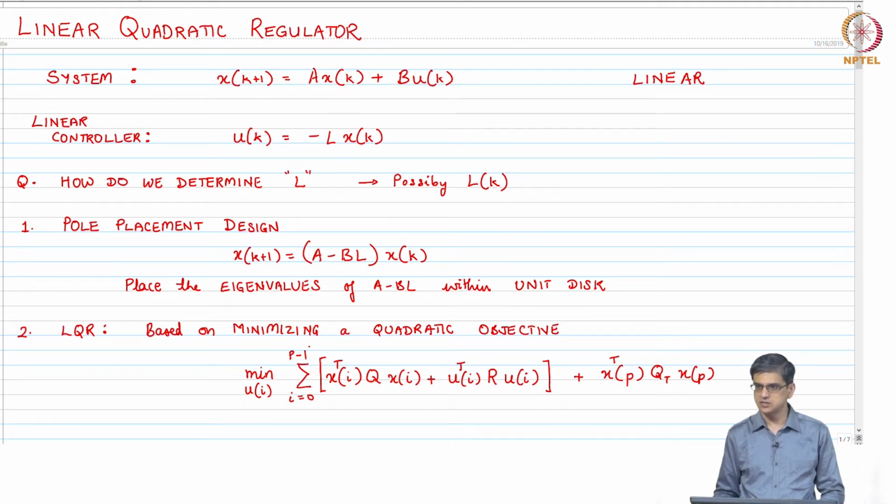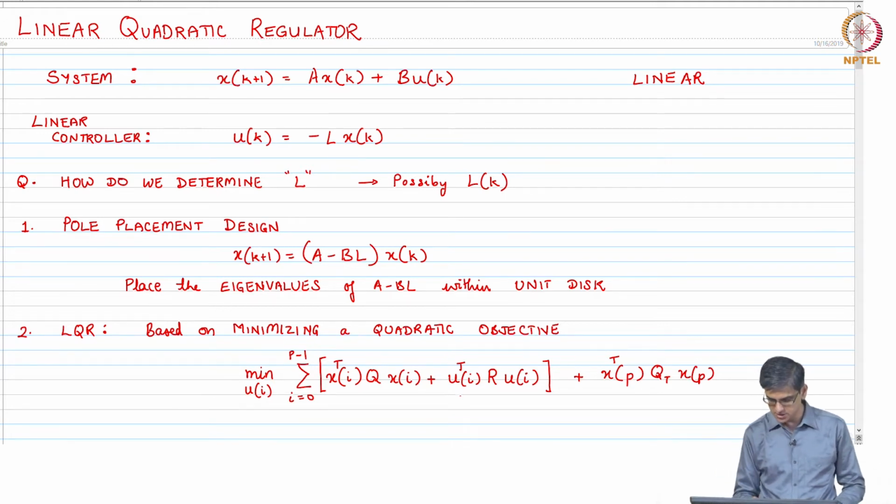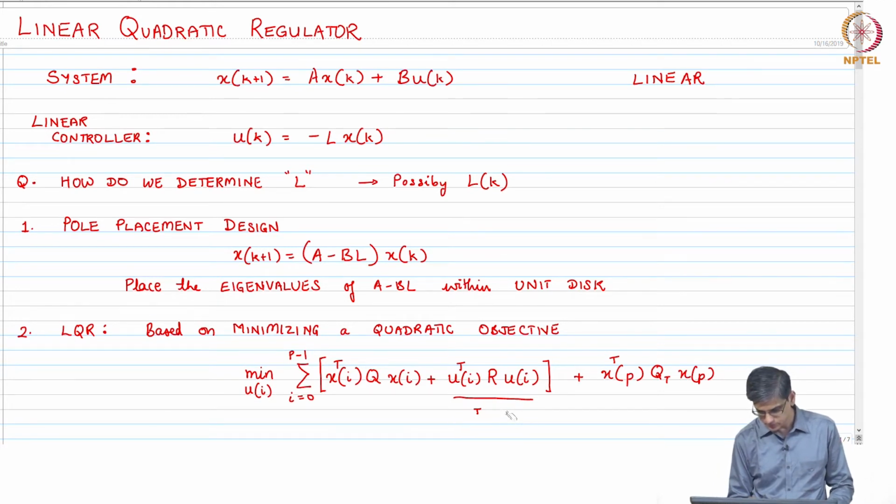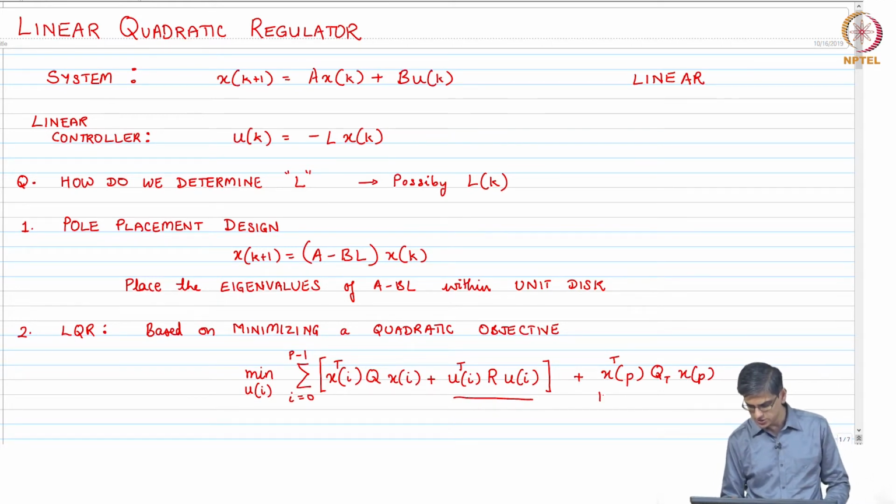The difference that was there in MPC, that instead of this term you basically had delta u transpose R delta u, okay. Here instead of that you have u transpose R u, okay. And then there is a terminal cost term.